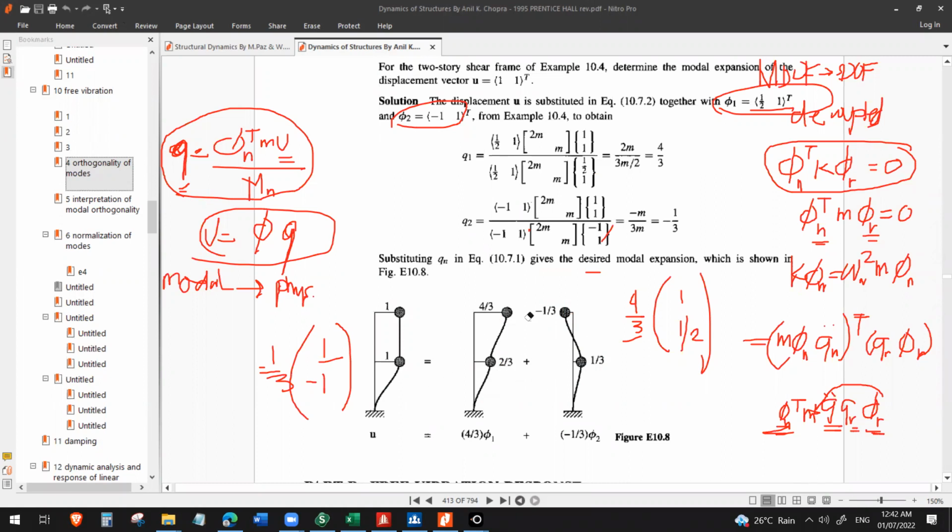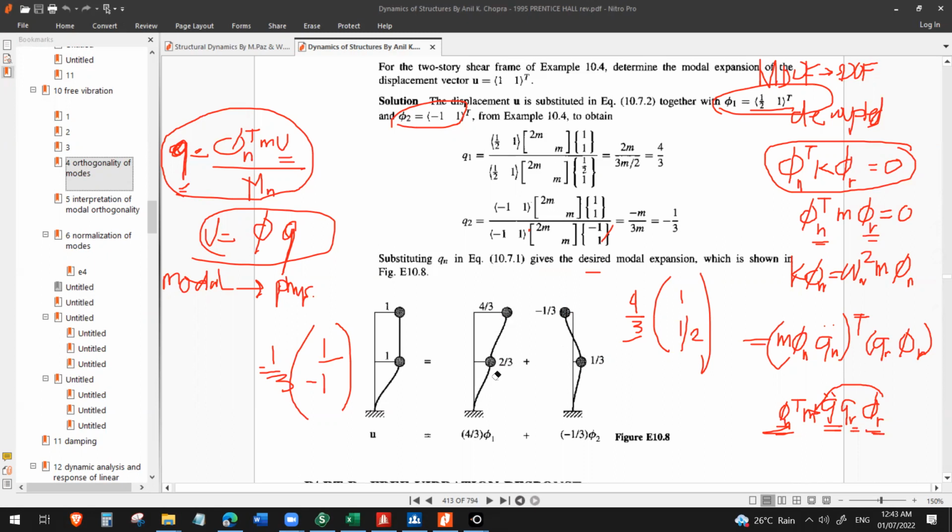By knowing the mode shapes, the different modes of a structure, we can determine the total displacements. This is already the modal superposition, by summing up all the responses from each mode. So that is the essence of this concept.